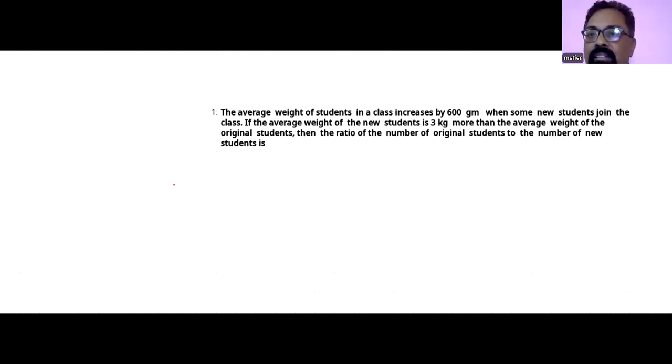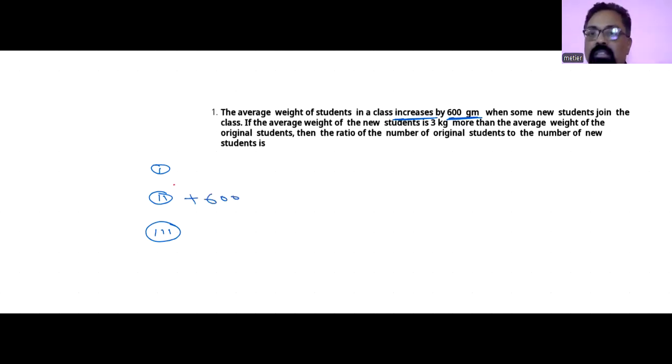The effect in the final average is 600 grams and it increases. So for practice purposes, I am writing down all these three things. Actually, you do not need to go with that. So here we are having 600 grams extra.